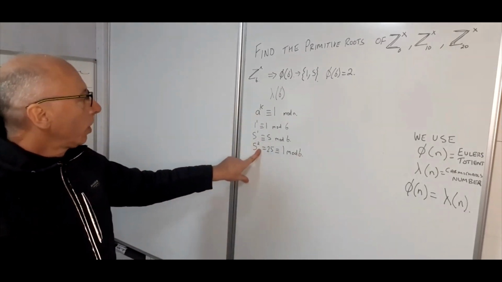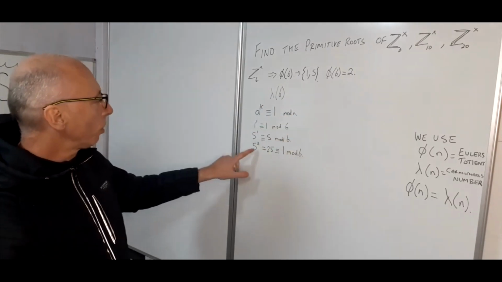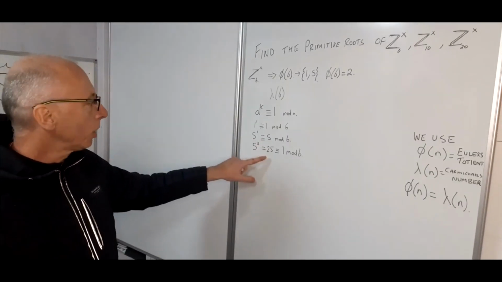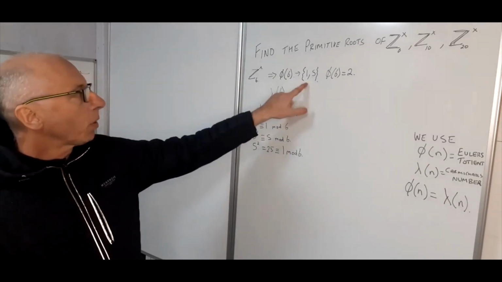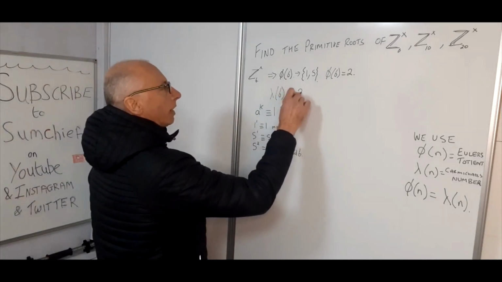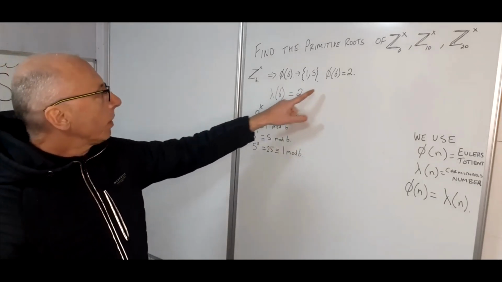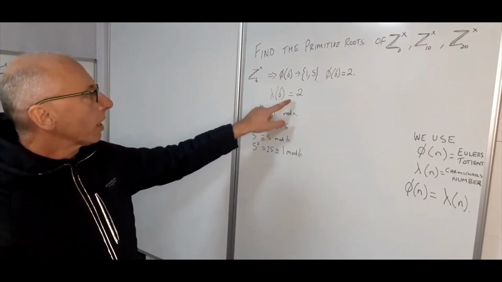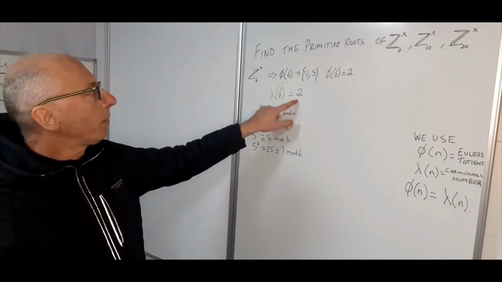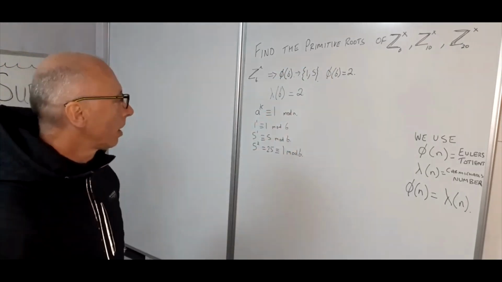So therefore our Carmichael number for this set here is 2, because that's the smallest power in which we can generate both members of this set. So that equals 2. Now we can see here that phi of 6 and lambda of 6 are both 2. So therefore a primitive root of this set exists.